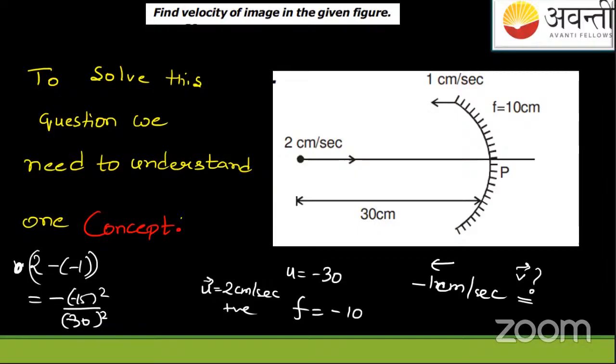That is the object, and again the image velocity minus mirror velocity, that is minus of minus 1. So when we solve it, this is 1 by 4, and that is 3, minus 1 by 4, and again plus 1 by 4. Let us solve on the next slide.